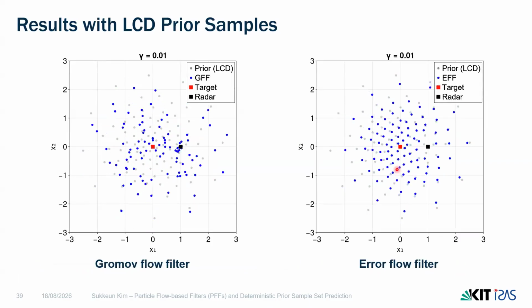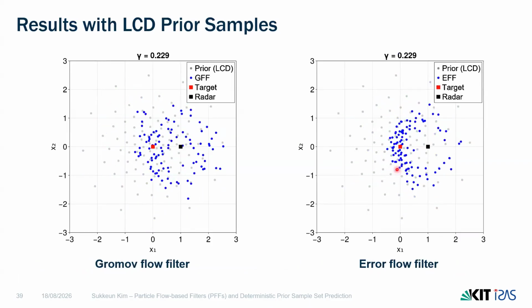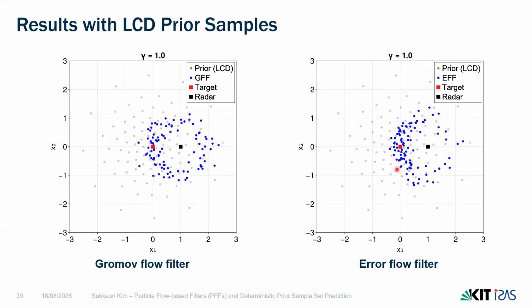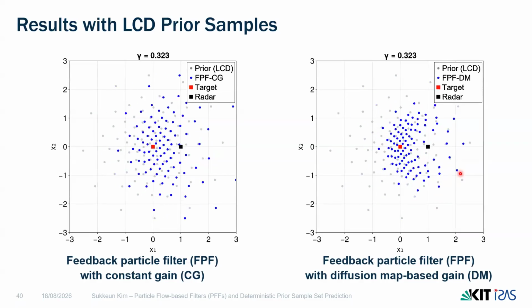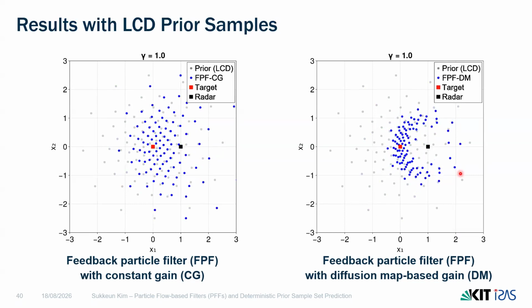And the Gromov flow and the exact flow filter, as you can see, are also kind of stochastic, but they still look okay. The feedback particle filter with the constant gain didn't really work well because they just assume a constant gain, and after a few steps it doesn't update the gain and doesn't work well. But the diffusion map based one, which considers the distance between the samples, actually works quite well.